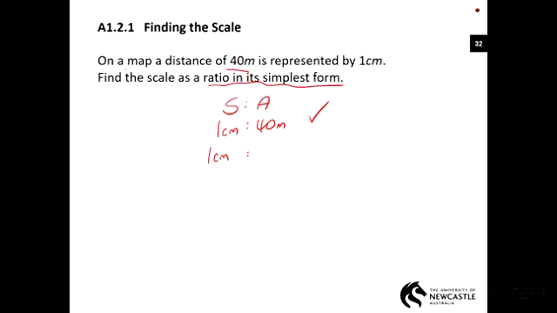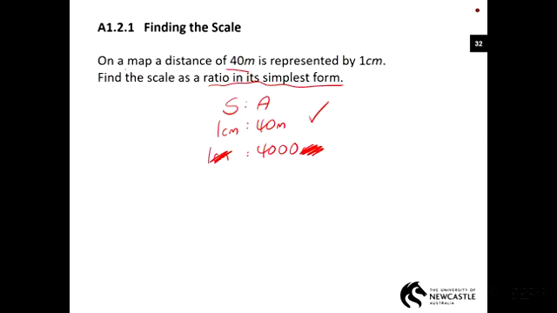It says times by 100. So 40 times 100. And I've got the same units now, gone. Once I've got the same units, it's just a ratio of 1 to 4,000. Is that in its simplest form? You bet, I'm not getting 1 any smaller. They're whole numbers. Simplest form, I can't reduce it. The answer was just 1 to 4,000. For every 1 centimetre on the map, it represented 4,000 centimetres in real life, which is 40 metres.